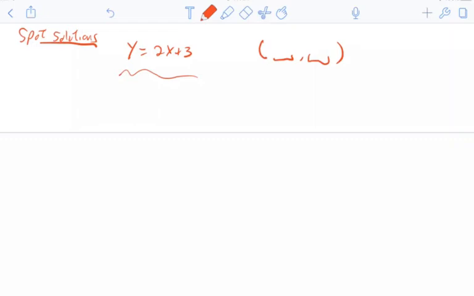It's not tricky for this one. This is in slope-intercept form. You just set x equals 0, and then y is equal to that number there. That's the y-intercept. The definition of the y-intercept is it's the value of the function when x is equal to 0.